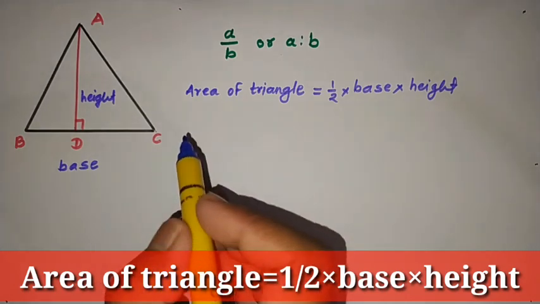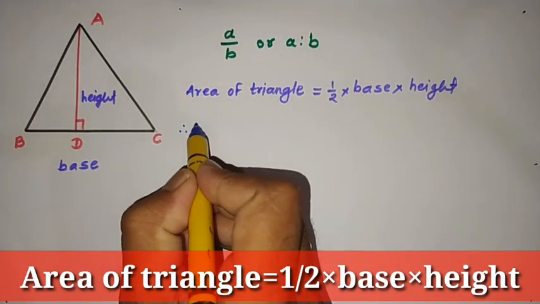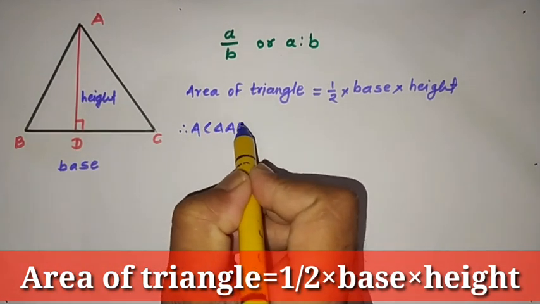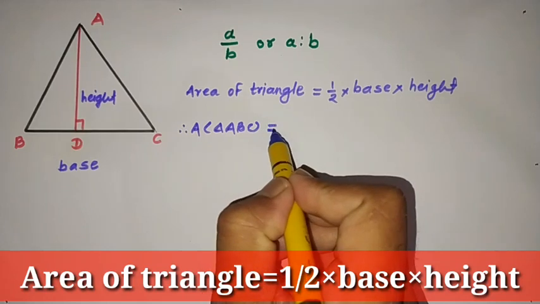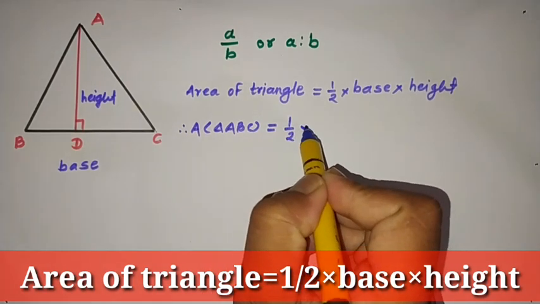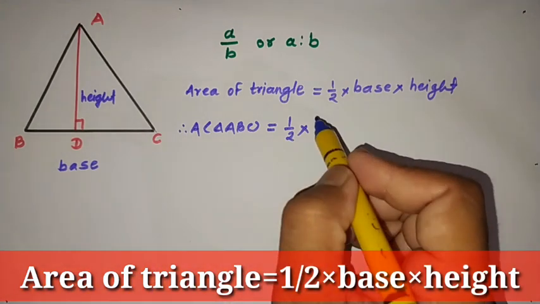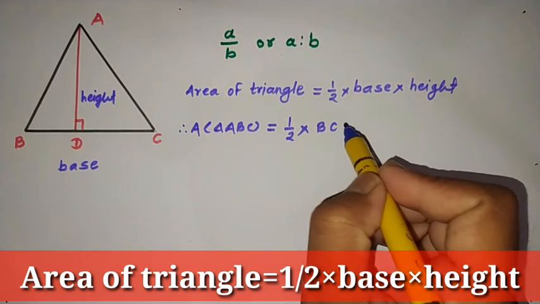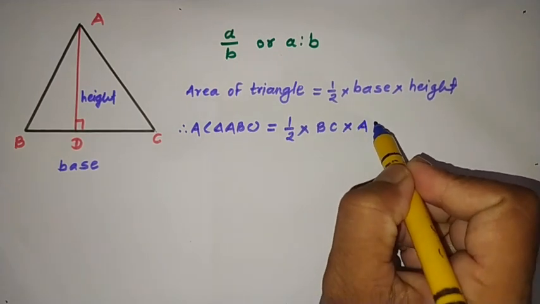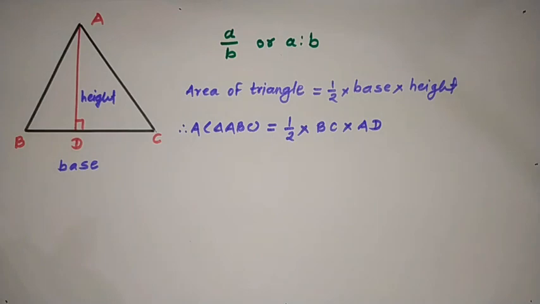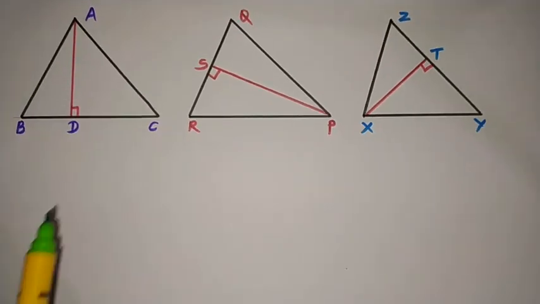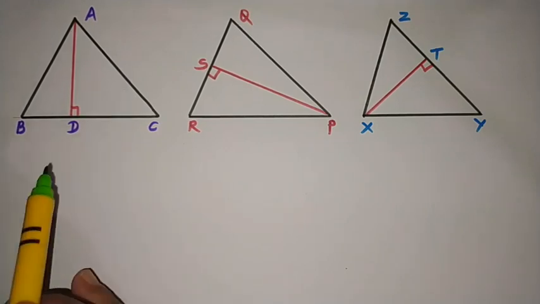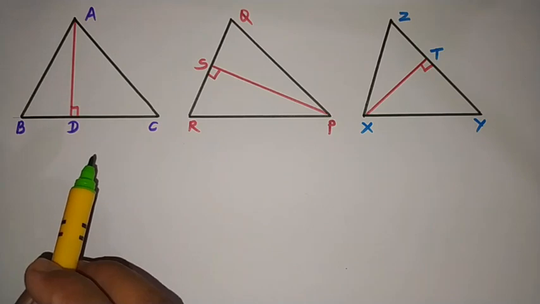Therefore, in symbols, area of triangle ABC is equal to 1/2 into base BC into height AD. Using this formula, see the following figures. Tell me the bases and heights of the triangles.